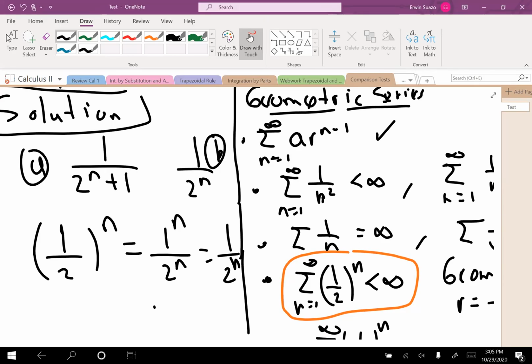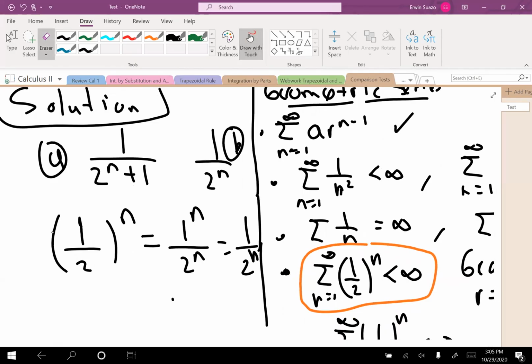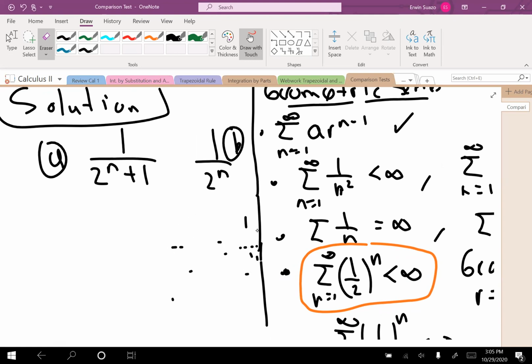Forget about the fraction, just put this one. Let me erase here. And this guy. This is going to be 30% of your exam. You're going to have to do this for 30% of your exam, okay? What I'm going to do next is very important. You need to pay attention.